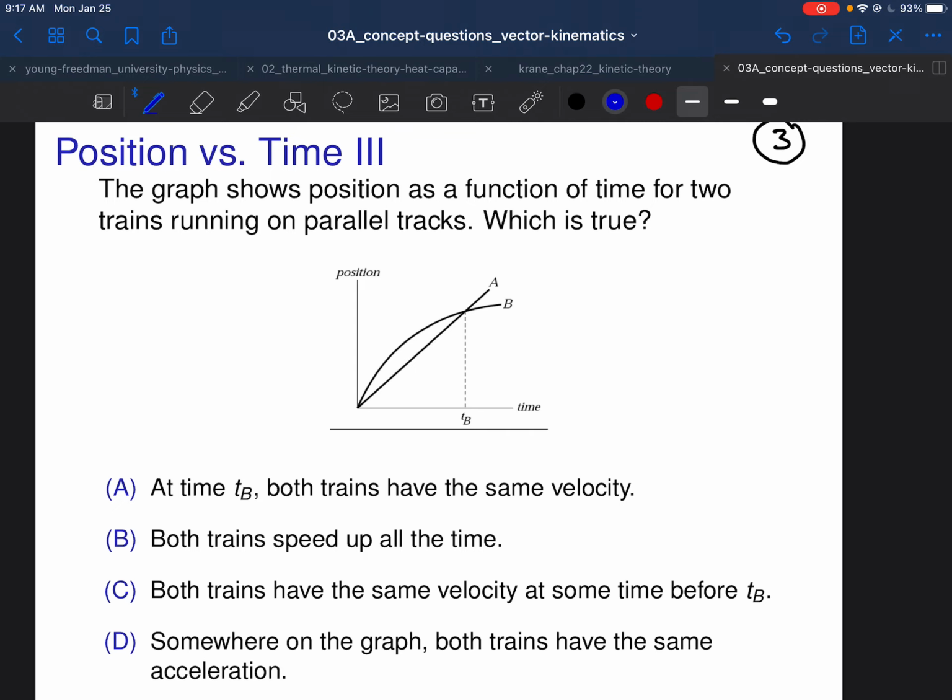Final question. This is position versus time for two trains. What's true? Well, let's look at both of them. So for train A, what's happening to its position versus time? Well, it's just a straight line. What does that mean in terms of velocity?